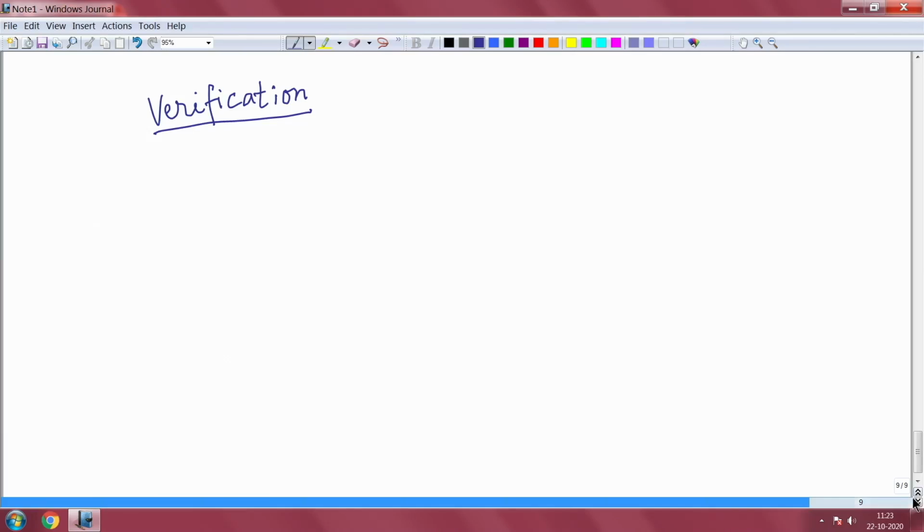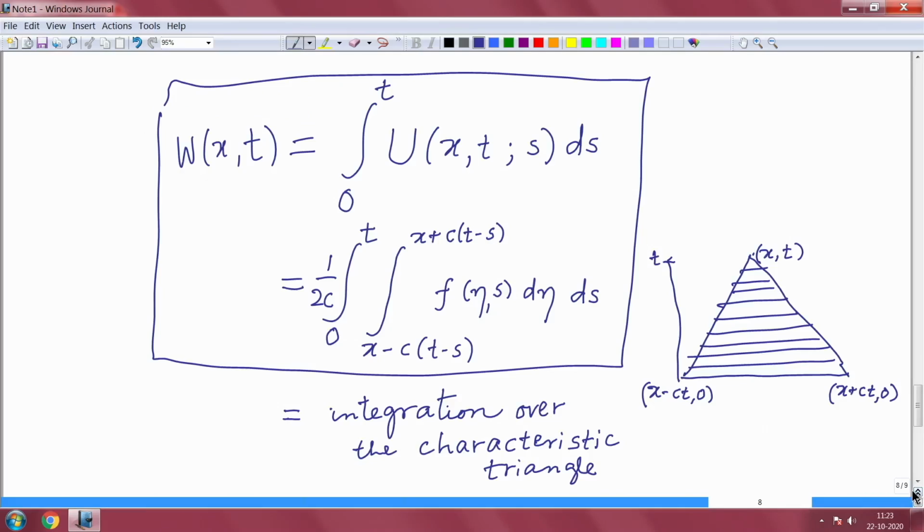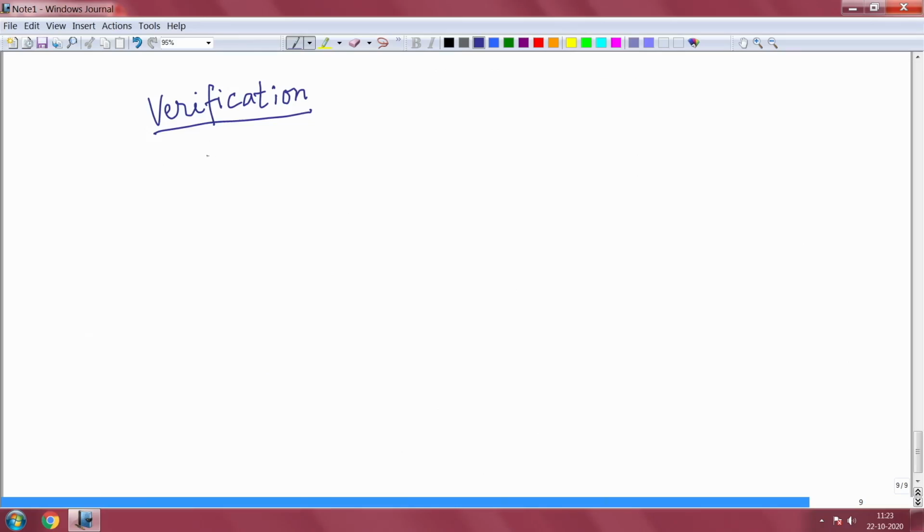So, in this formula, if I put t equal to 0, this integral vanishes. So, certainly that is 0. So, clearly W of x, 0 is 0. So, this is one of the initial conditions. So, we want W_t of x, 0 is also 0.